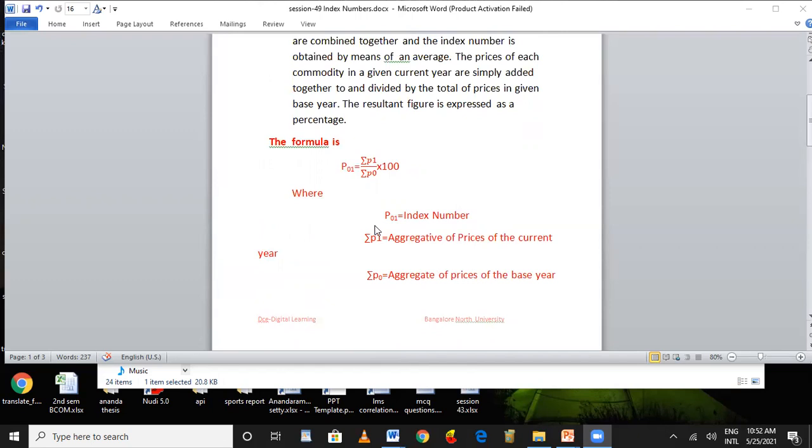How do we get the index number here? The current year prices are compared with the base year prices and multiplied by 100. So this is one of the methods: in order to get the index numbers, you have to apply the formula. What is the formula here? P01 is equal to sigma P1 divided by sigma P0 into 100.